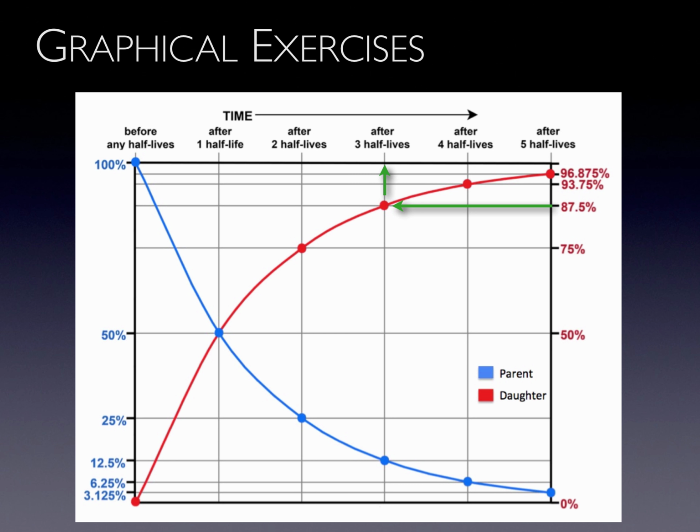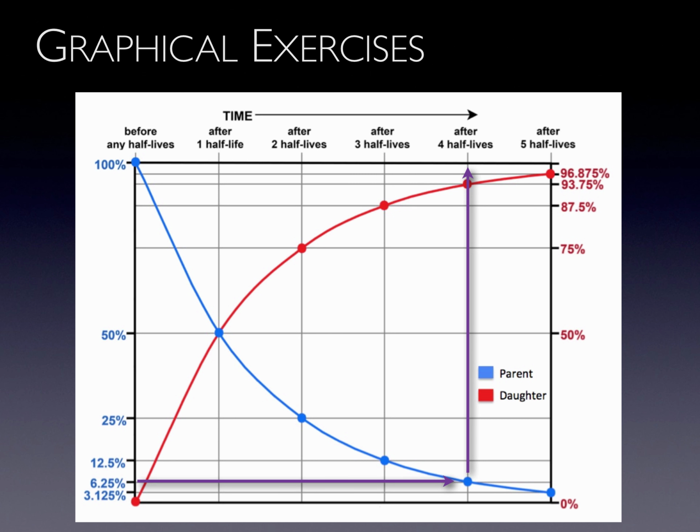We then move from there to the horizontal axis and read off the number of half-lives. This is depicted by the vertical green arrow. We find that the sample has existed for 3 half-lives. Since we know the half-life is 1 billion years, we then simply take 1 billion times 3 to get the age of the sample. Thus, the sample is 3 billion years old.